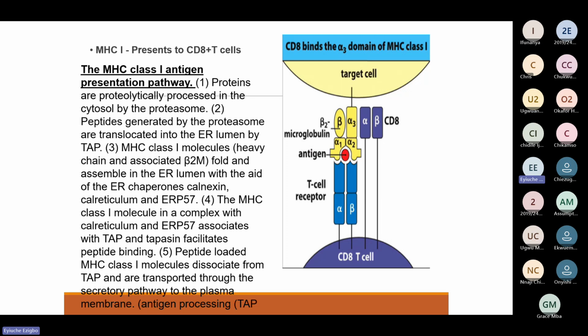After the antigen has been processed, it is transported to this antigen presenting groove of the MHC class 1 molecules. You can see the T cell receptor of the CD8 cell.